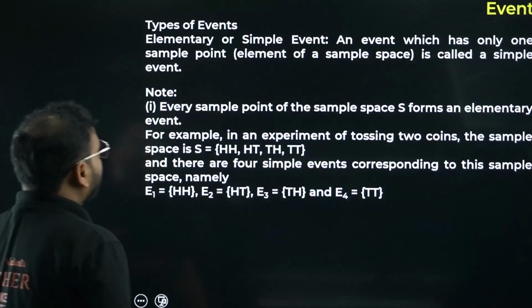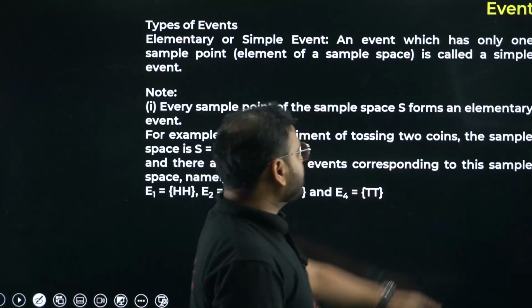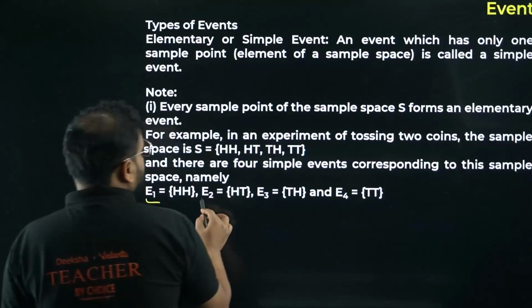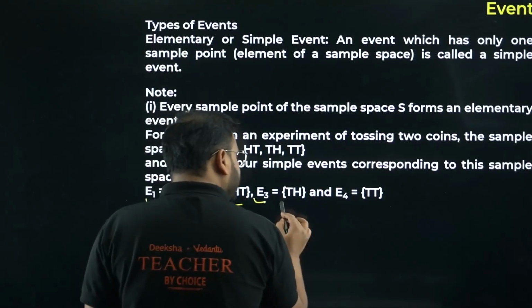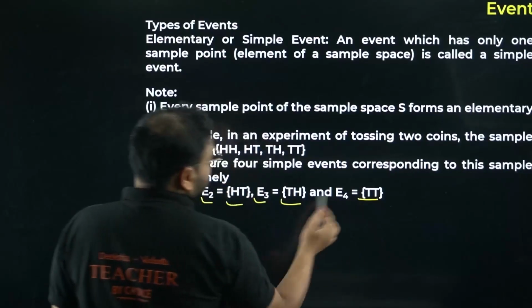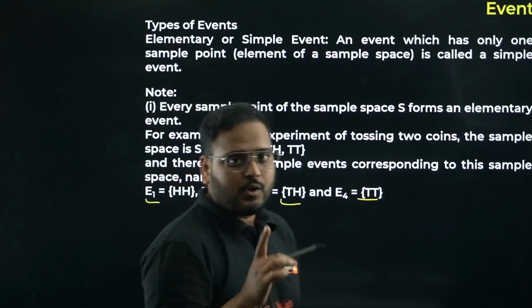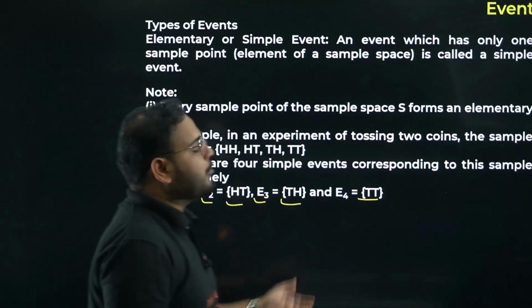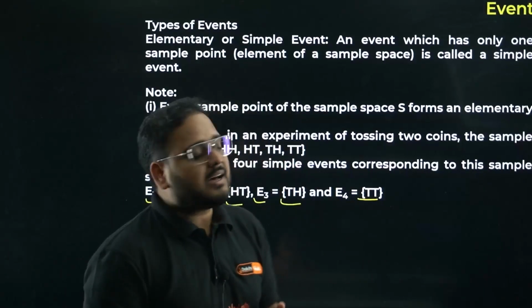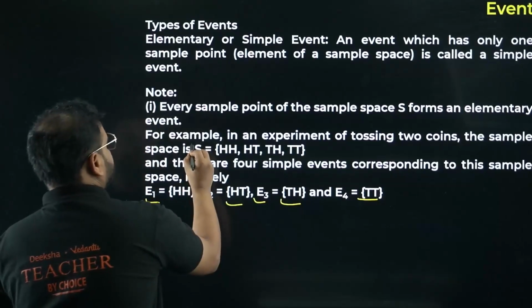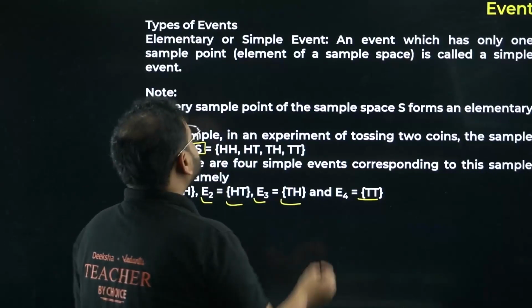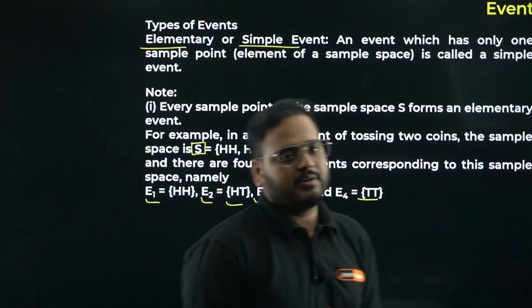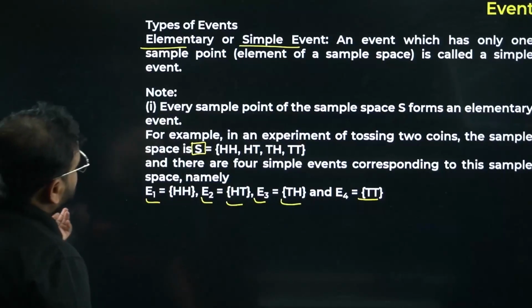There are 4 simple events corresponding to the sample space: event E1 is HH, event E2 is HT, event E3 is TH, and event E4 is TT. These will have unique places in the sample space, won't they? All these events, E1, E2, E3, and E4, will have a unique place in the sample space S. That's called a simple or elementary event.